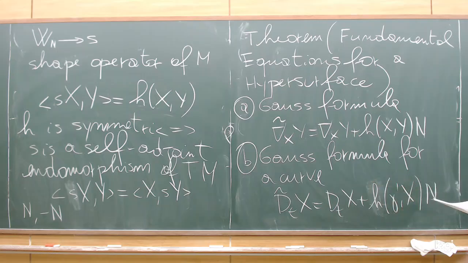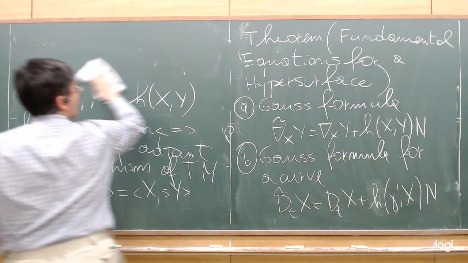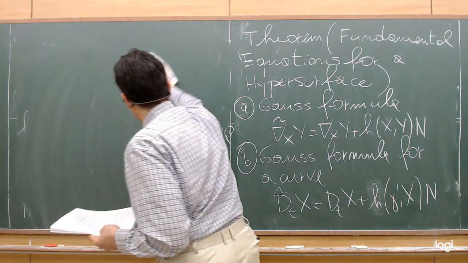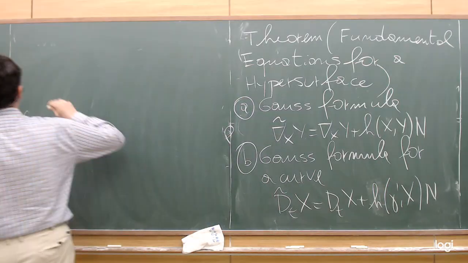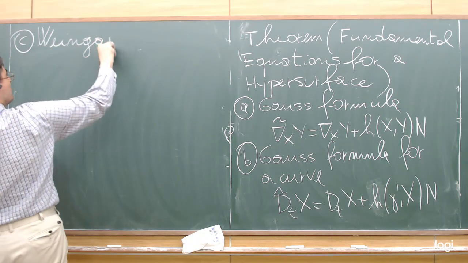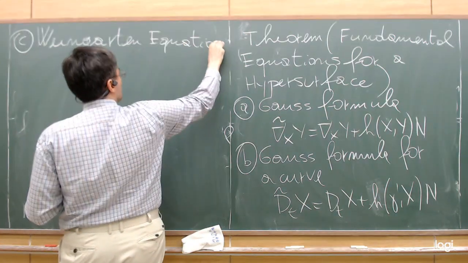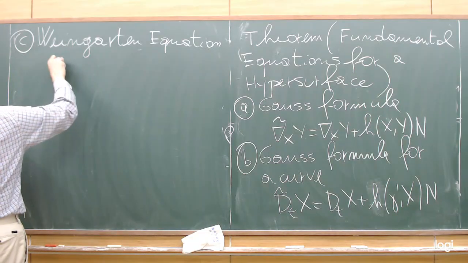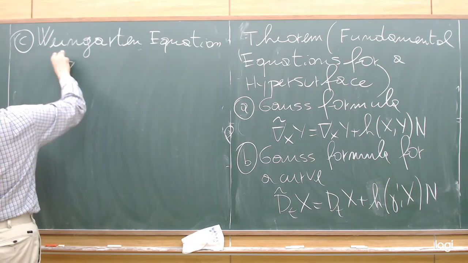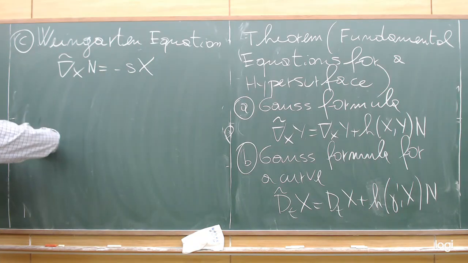We already observed a few minutes ago that the second fundamental form can be written as the scalar fundamental form times n. Then we have the Weingarten equation, which says this.